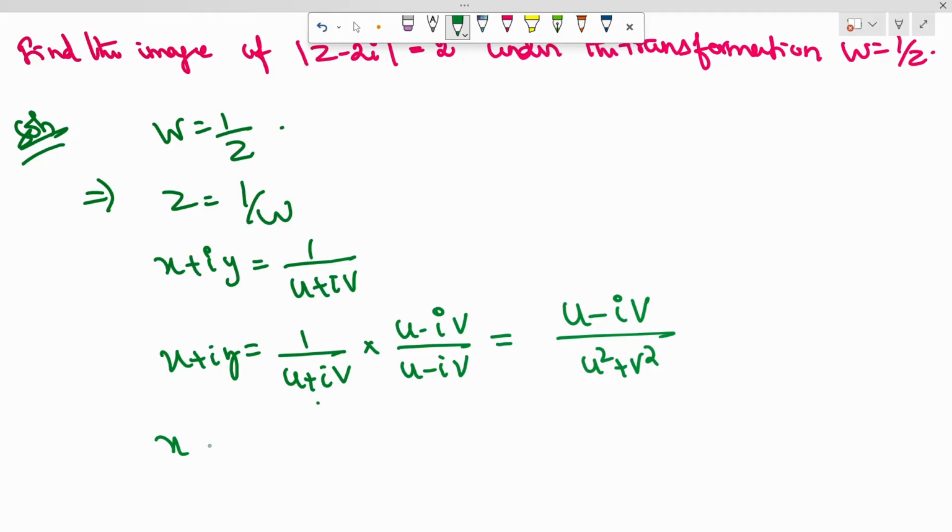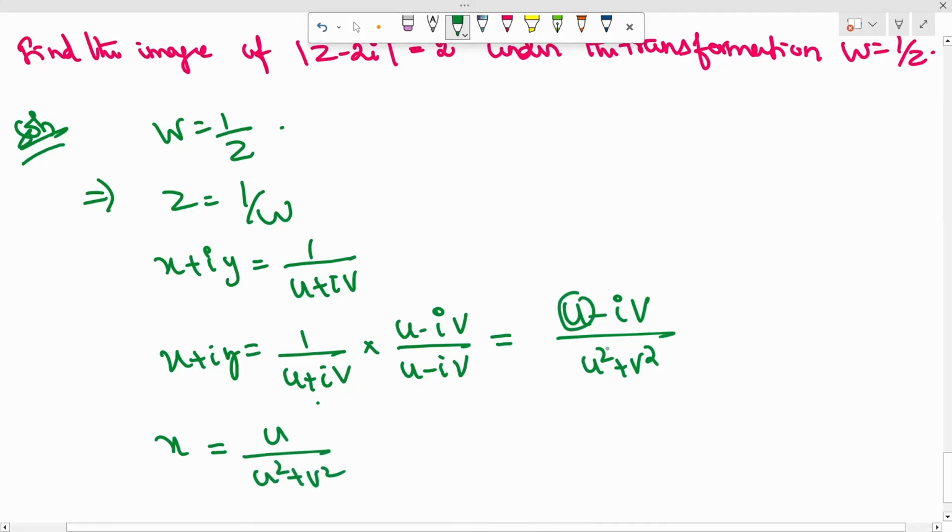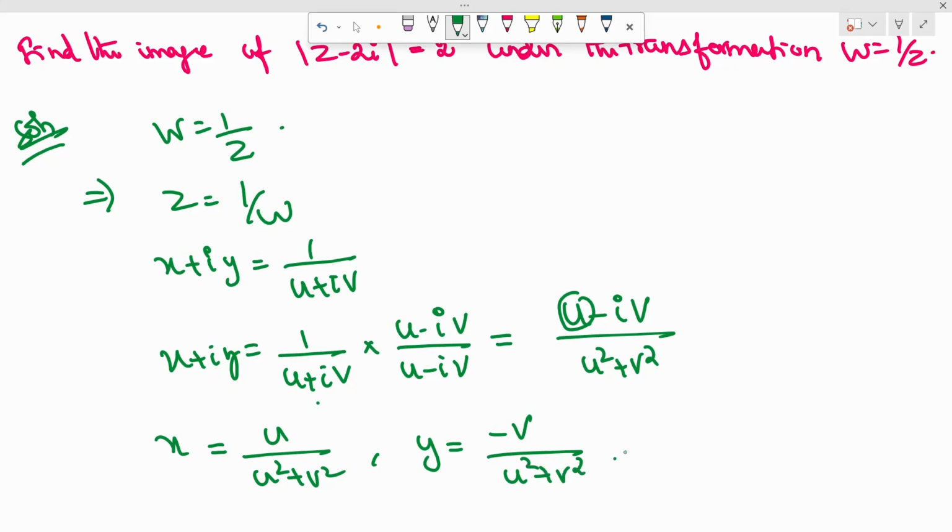Now we can write x is equal to u by u square plus v square, the denominator value is common for both the numerator terms, and y is equal to minus v by u square plus v square. Okay, this is common for all the w is equal to 1 by z transformation problems.